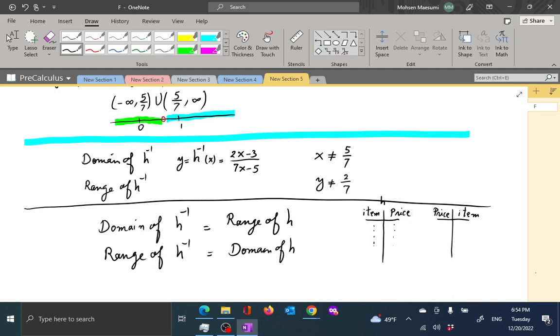For this new menu, this is going to be called H inverse. For the original menu, whatever is here is called the domain, and whatever is here is called the range. So the domain is the set of items, and the range is the set of prices.